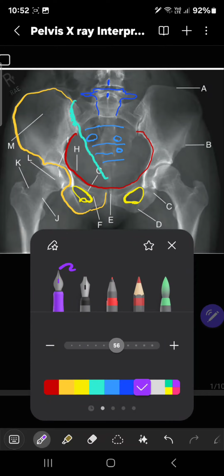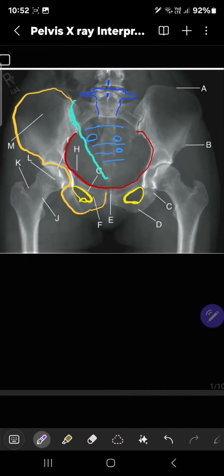Number seven is to check the femoral outline from here to here, on both sides and both femoral bones. While examining the femur, always check whether the head is inside the acetabulum on both sides.